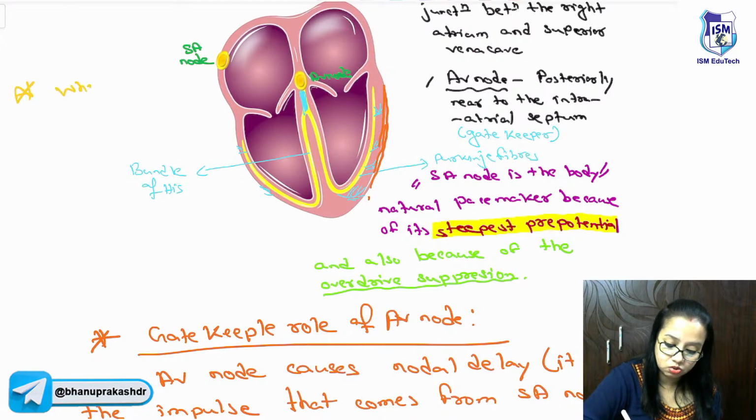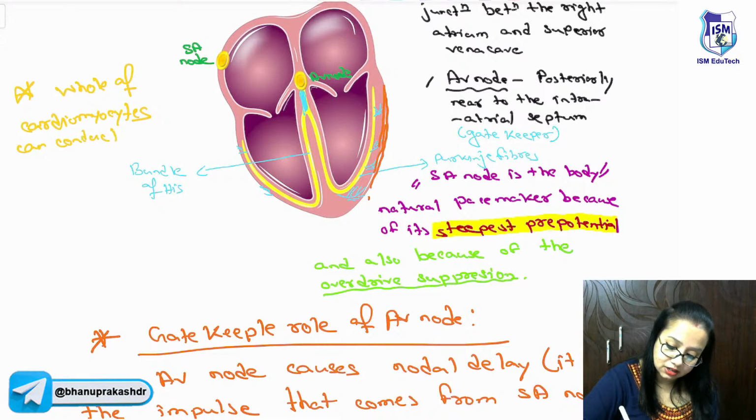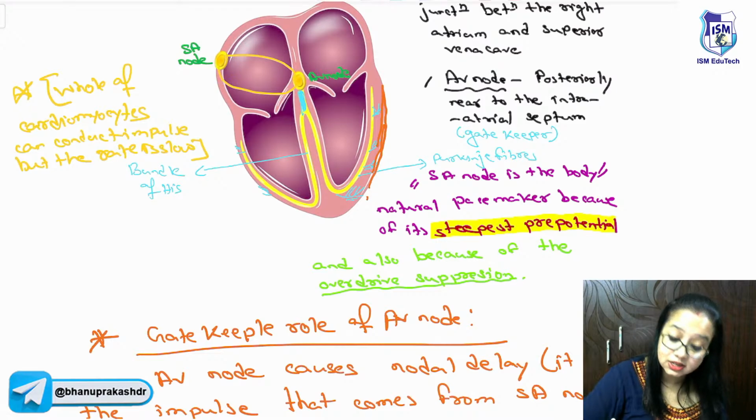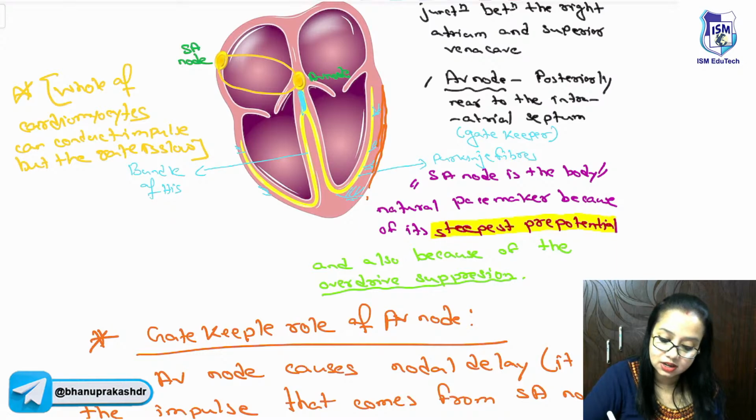Point to remember, the whole of cardiomyocyte can conduct impulse, but the rate, means the speed, is slow. Therefore, there is presence of the internodal pathways. SA node is a node, AV node is a node. So between SA node and AV node, there are these internodal bundle branches.